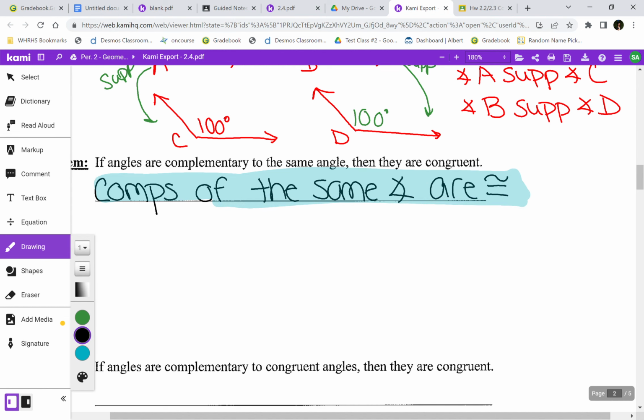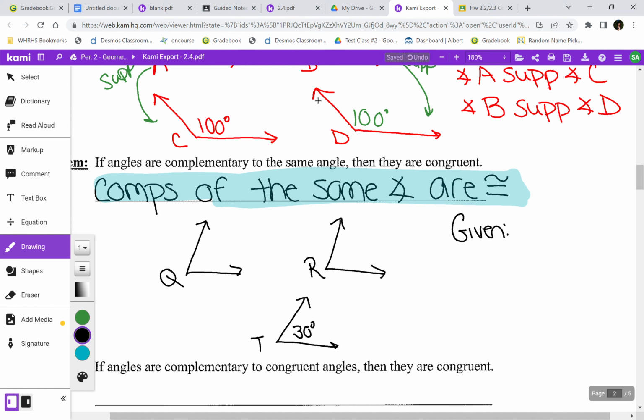All right, let me explain to you what that means. So let's say I told you angle Q is a complement to angle T, and I also told you angle R is a complement to angle T.